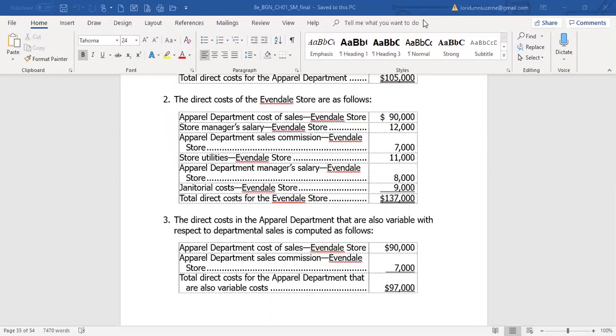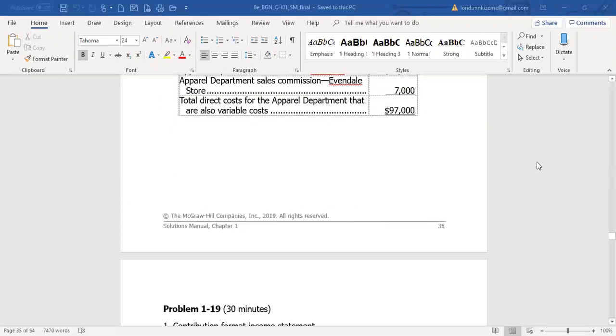The information is based on them selling 1,000 units of whatever they sell. We could say it's coffee cups, okay? So we need to prepare a couple different items here. The first is what was introduced in this chapter, a contribution format income statement. So let's take a look.